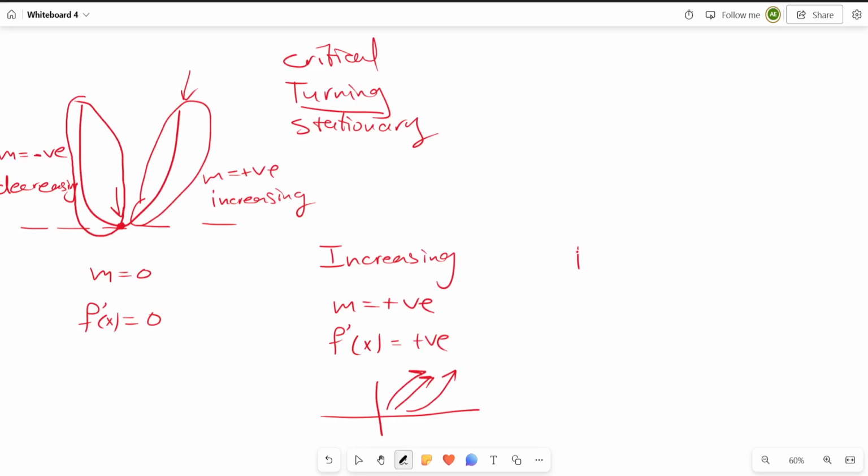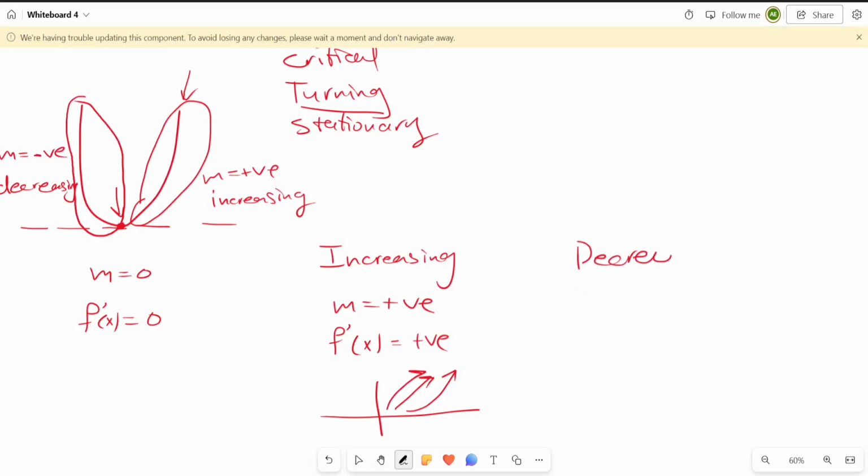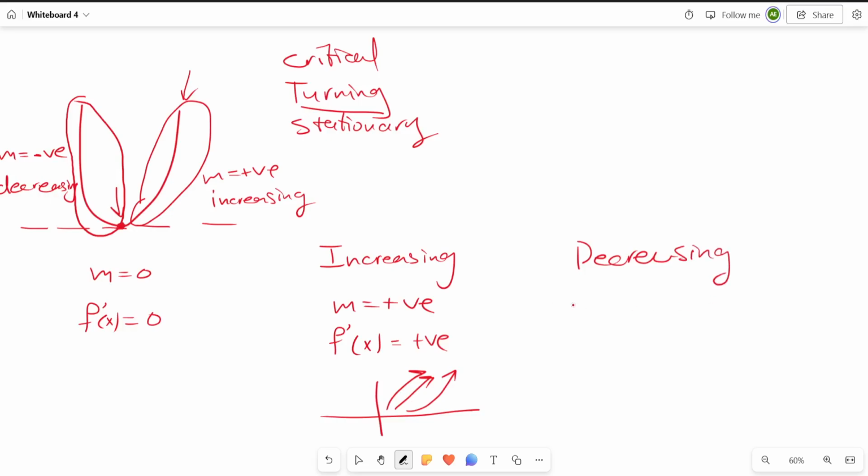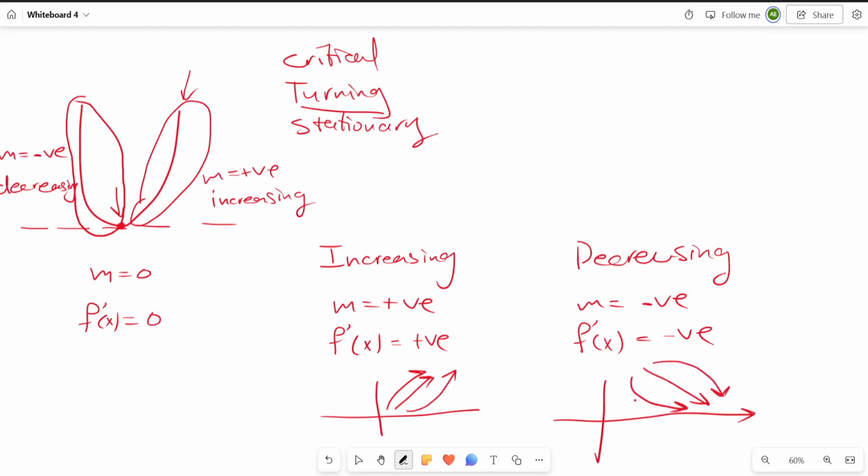And on the other hand, when the function is decreasing, the slope or gradient is negative, and hence the first derivative is negative, and we have a function that looks like this, or this. They all have negative gradients at any point.